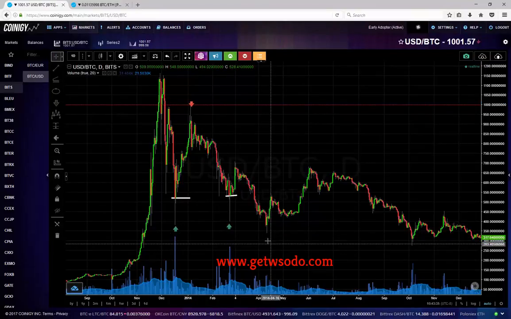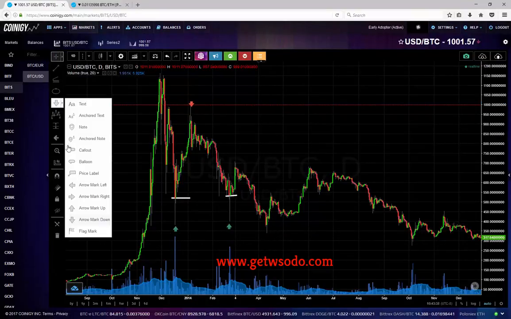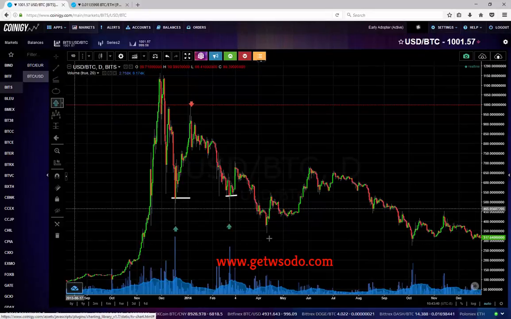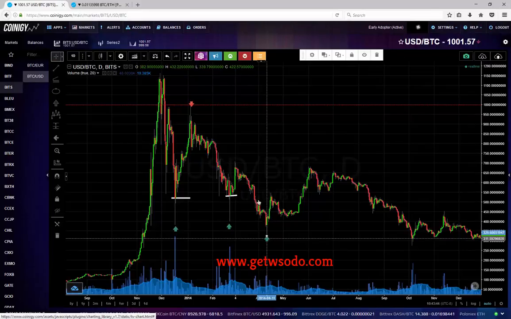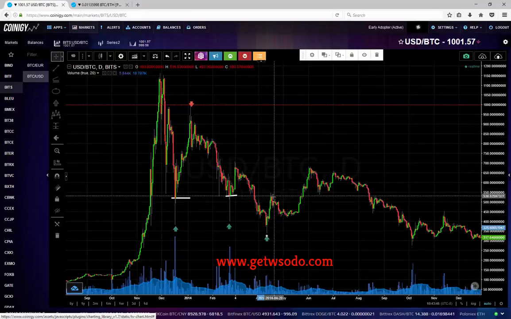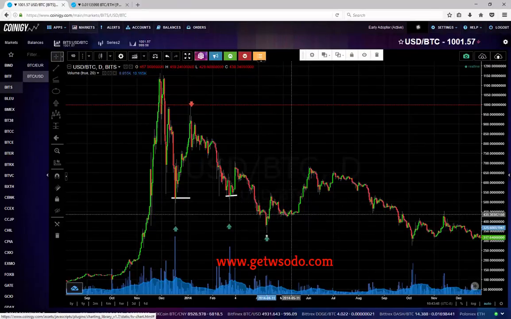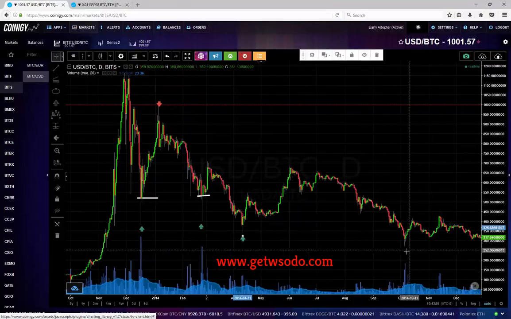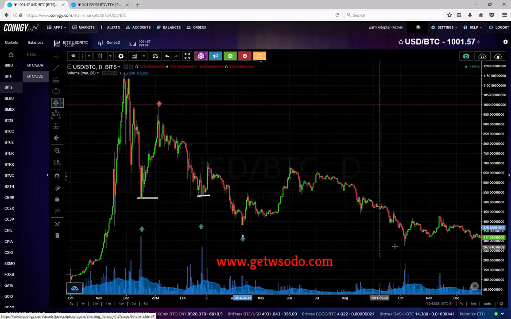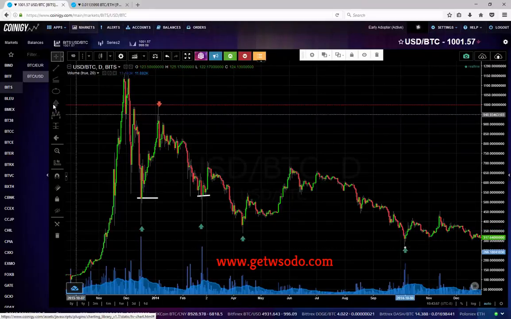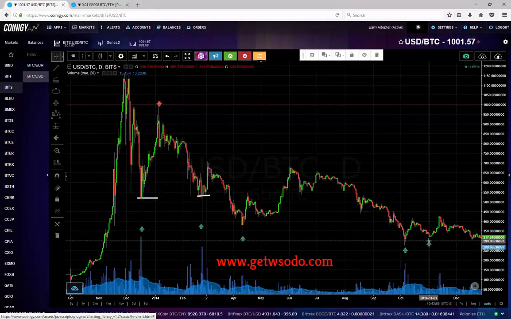And here's an example of an Adam and Eve double bottom. What an Adam and Eve double bottom is, it's where you have a sharp wick, a bounce, followed by a curved rounded bottom. We have another example right here. Sharp bounce with the rounded bottom, right?